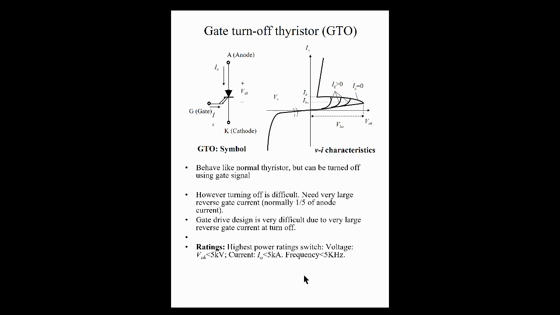And the key things to look at here is the voltage. Anode cathode voltage can be as high as 5 kilovolts, or current can be as high as 5 kiloampere, and a frequency as high as 5 kilohertz. All right, so this device, it has quite a lot of competition, say from the lower end IGBT and the high end IGCT.